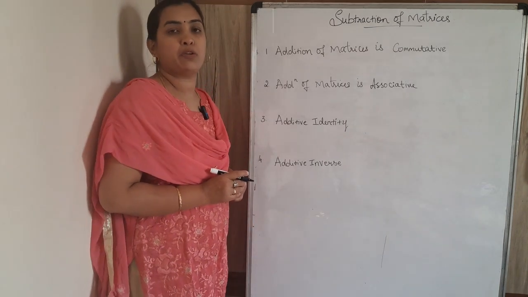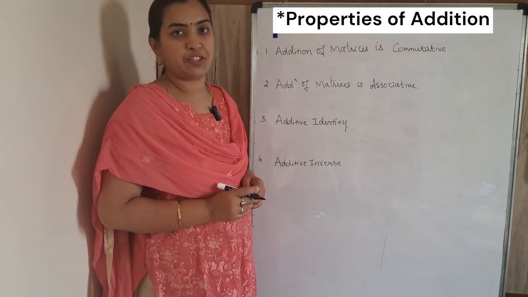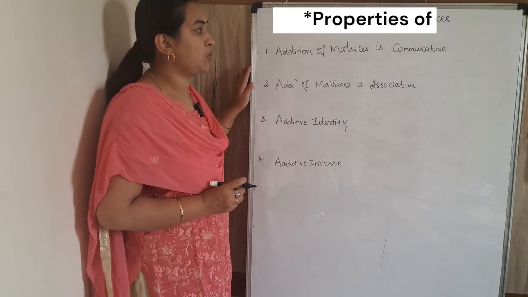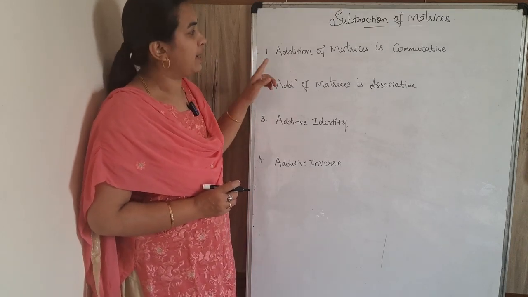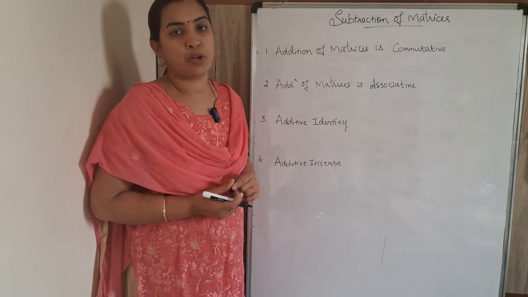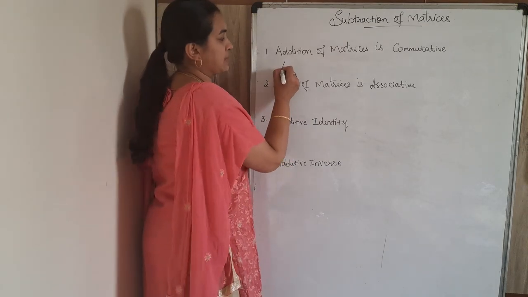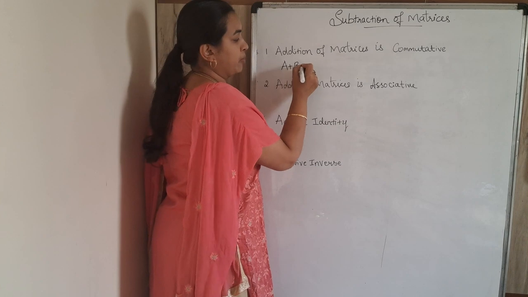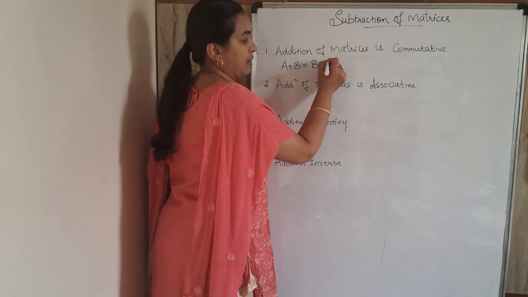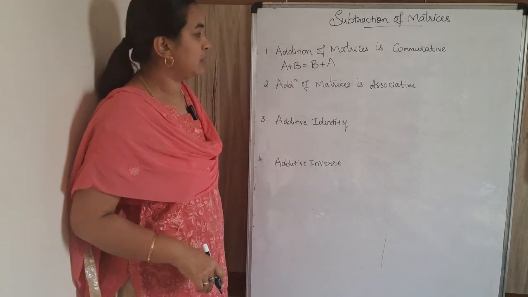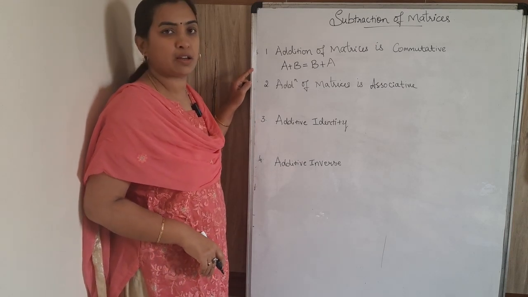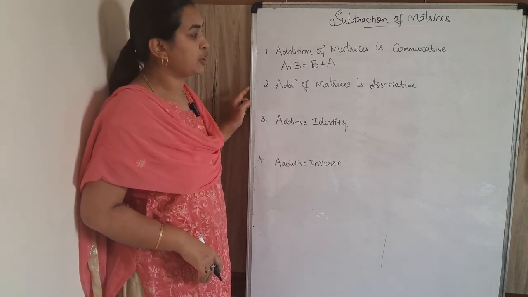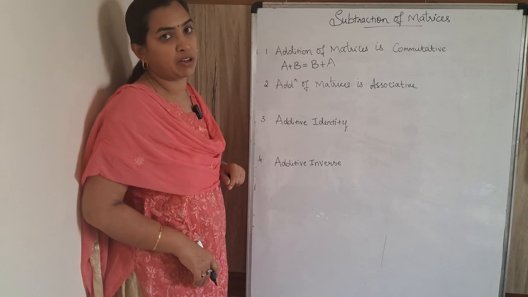Now let me explain some of the properties of the addition. See, when you add two matrices, addition of matrices is commutative. That means if you take two matrices A and B and add them, A plus B will be equal to B plus A. Okay, so addition is commutative. Addition of matrices is associative as well.